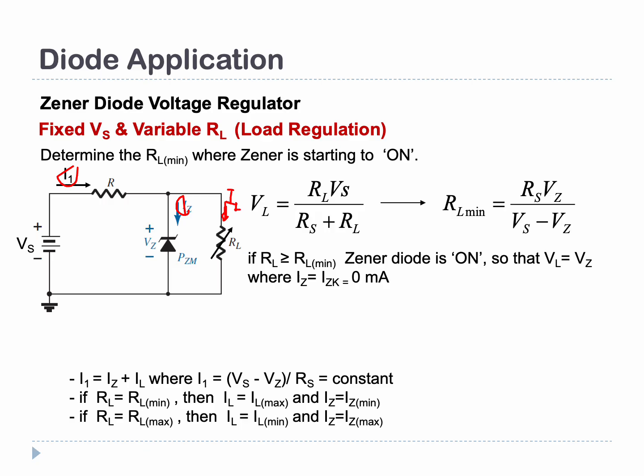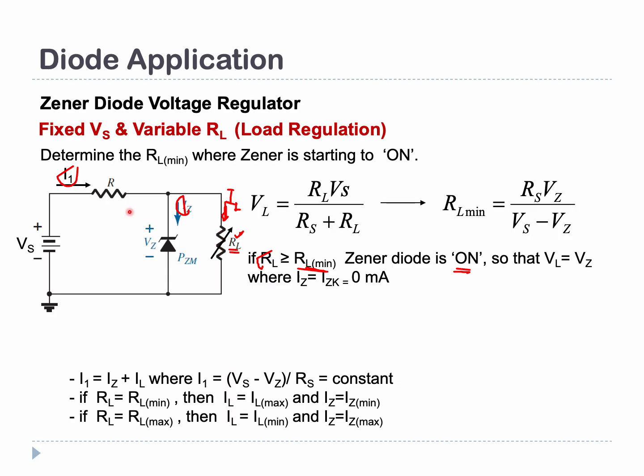If your RL here is larger than the value of RL minimum, then your zener diode is in the on condition. Why? Because in that condition your RL will be too big. If the value of the resistor is too big, what will happen? Current will avoid flowing through this area, because the resistance is too big.